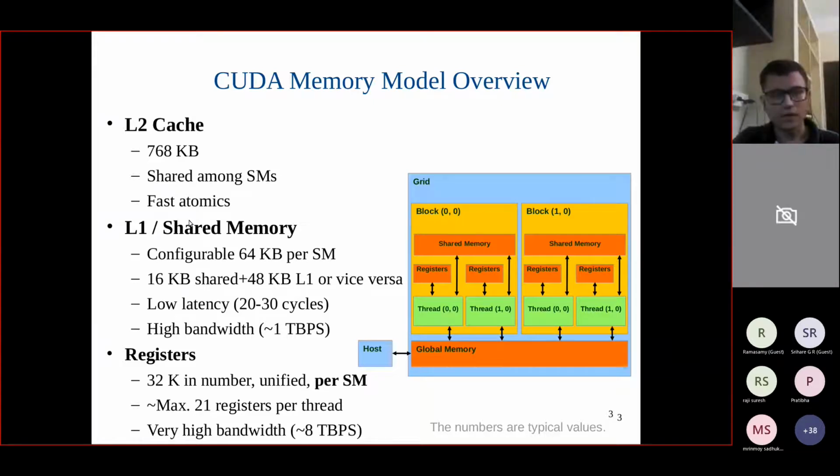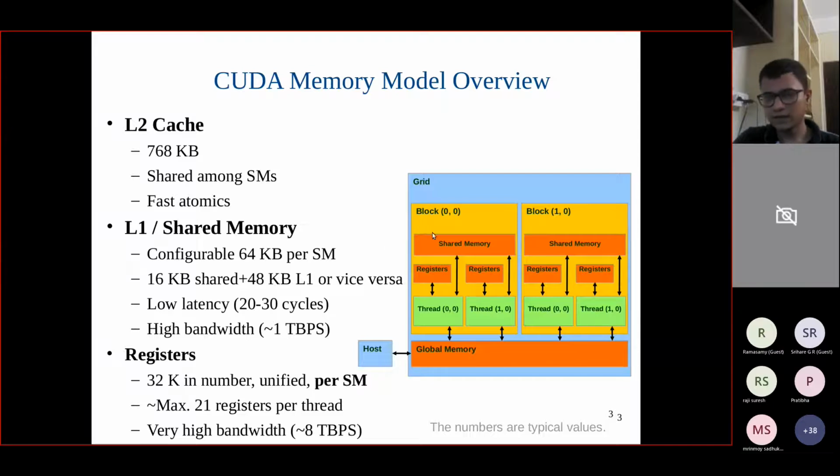Apart from L2 cache, we have this L1 cache, which is also known as shared memory. When it comes to L1 cache or shared memory, the first thing you should observe is that it's a configurable 64 KB memory available per streaming multiprocessor.